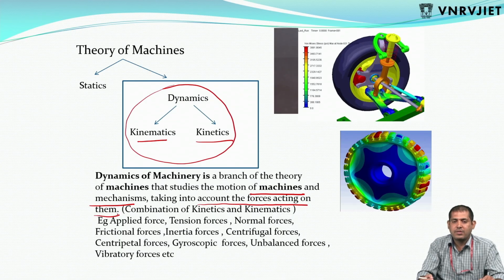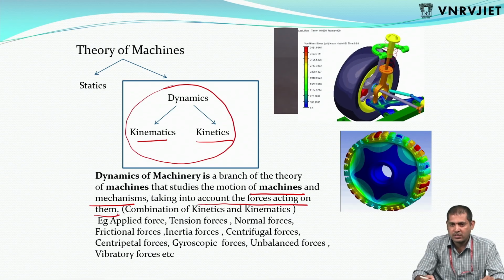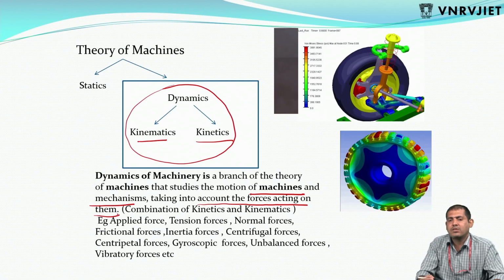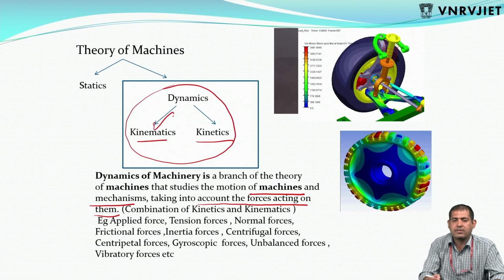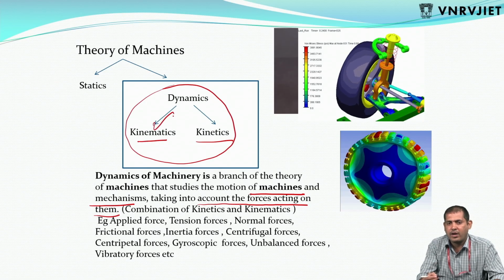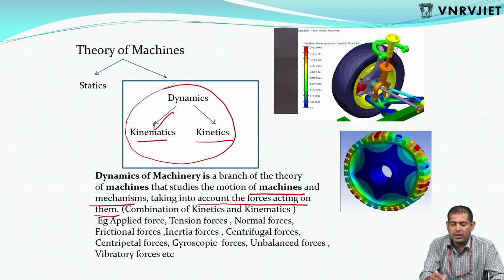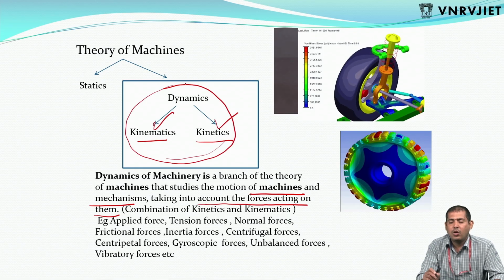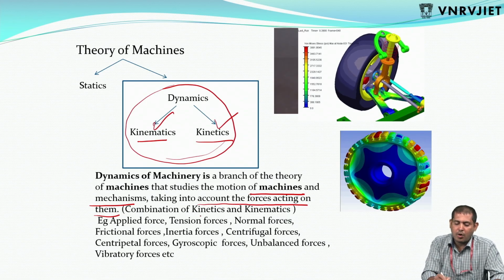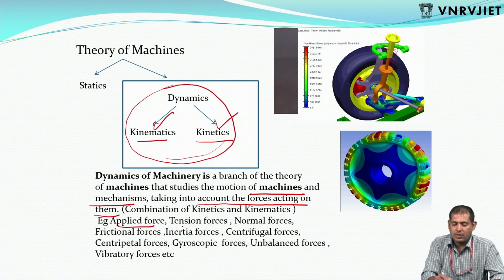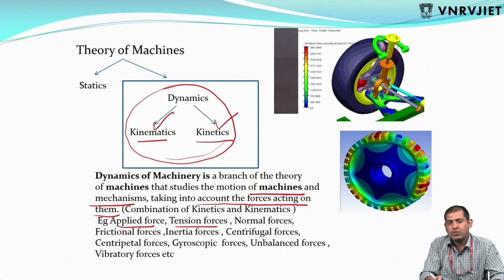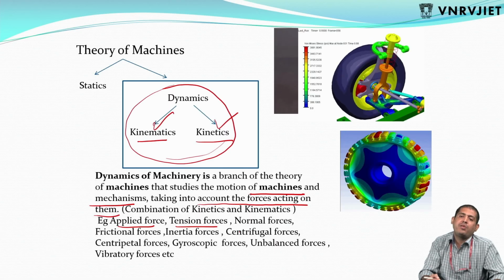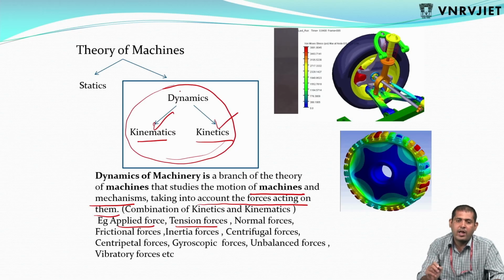Here is the combination of kinematics, without consideration of forces, and kinetics, with consideration of forces. When we consider both, it is the total dynamics of machinery. The combined forces, for example applied force, tension force, normal force, frictional force, gyroscopic force, unbalanced force, vibrative force, and many more forces. This is the complete dynamics of machinery.